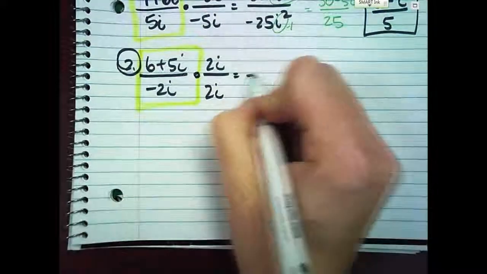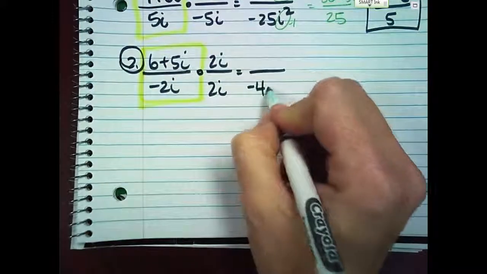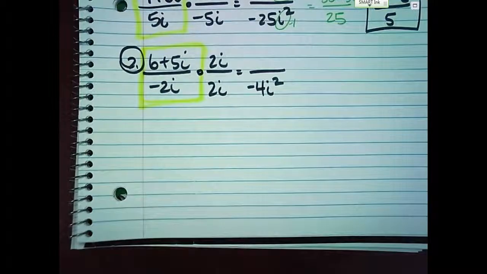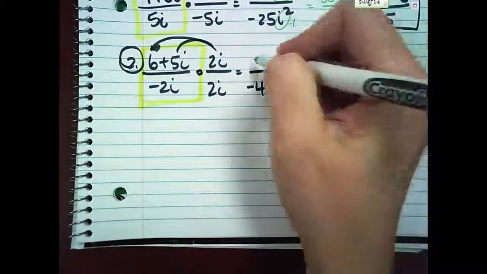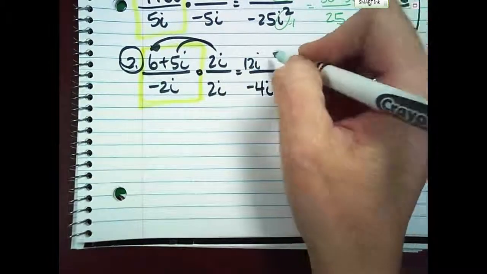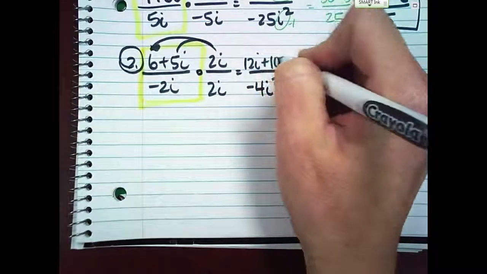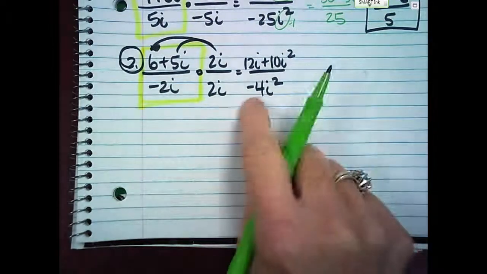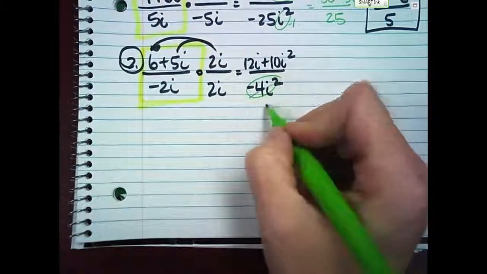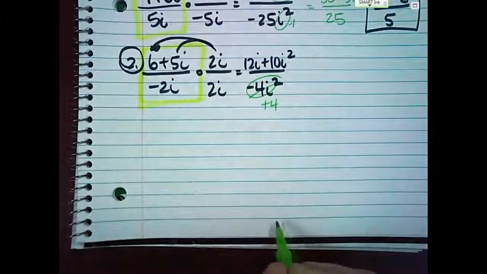On the denominator then, you're going to get negative 4i squared. And in the numerator, you have to multiply the 2i by both to give you 12i plus 10i squared. Negative 4 times negative 1 actually has a value of positive 4.